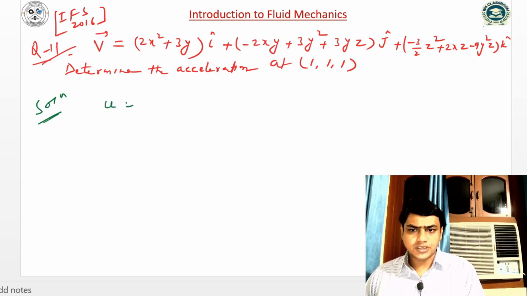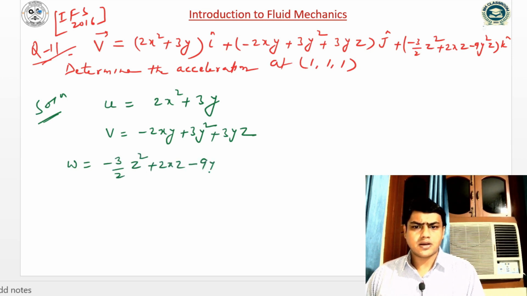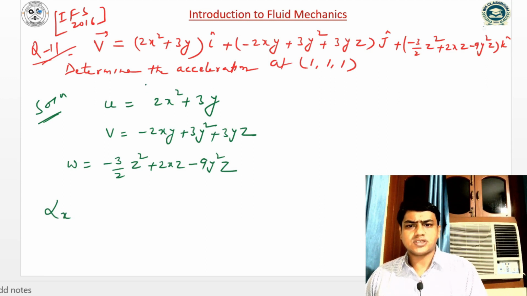The velocity component in x direction is u = 2x square plus 3y square, v is given as minus twice xy plus 3y square plus 3yz, and w is given as minus 3 by 2 z square plus twice xz minus 9y square z. We have to determine the acceleration at point 1 1 1.